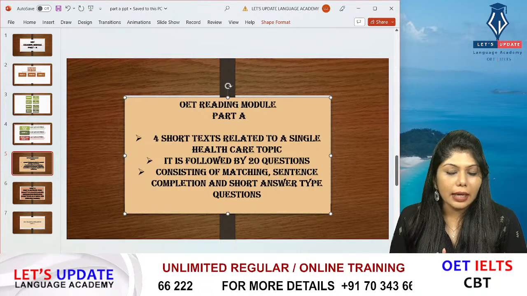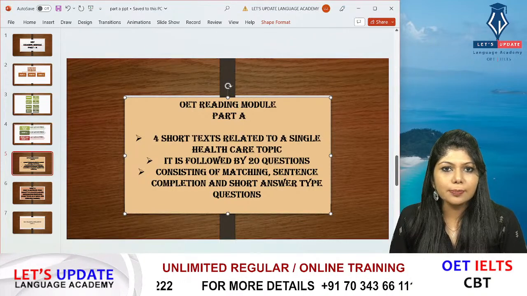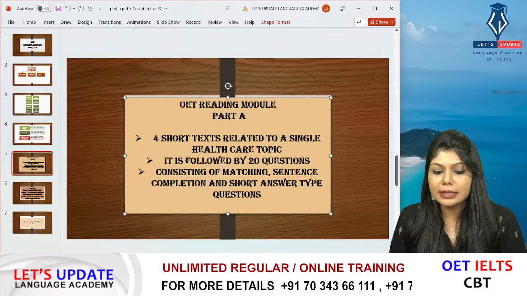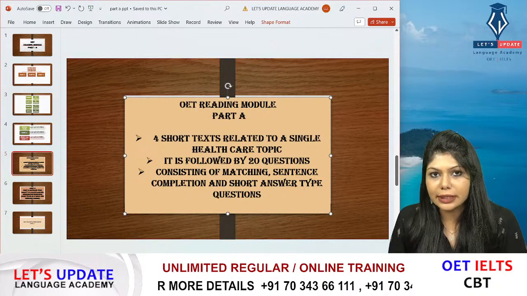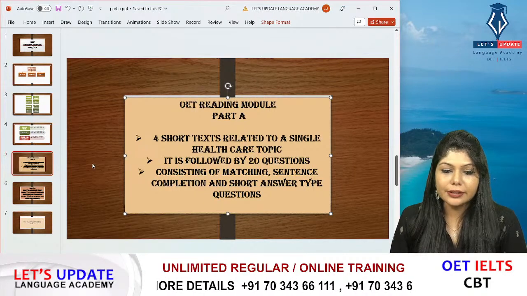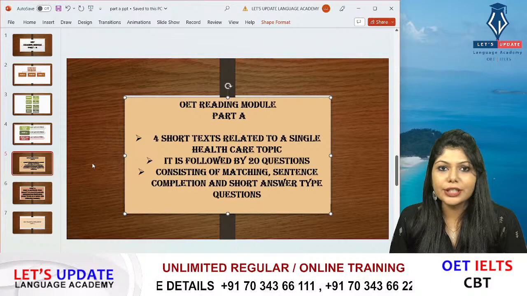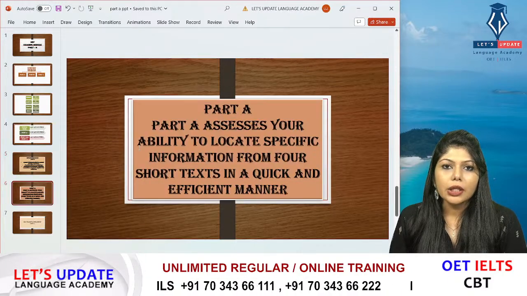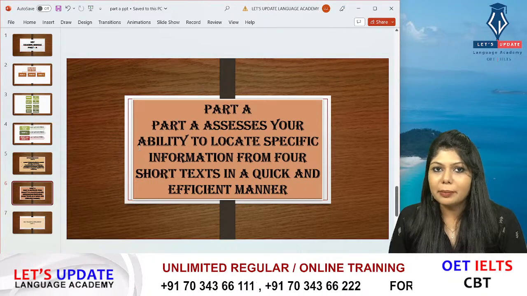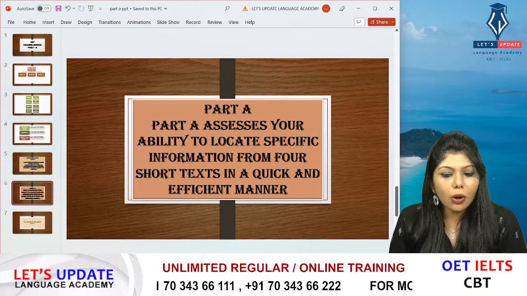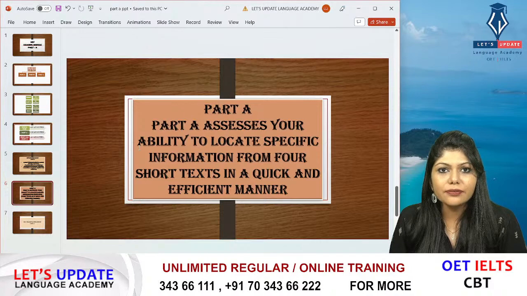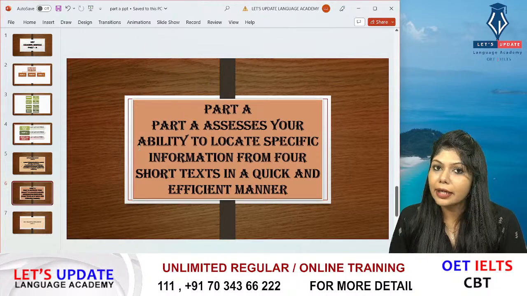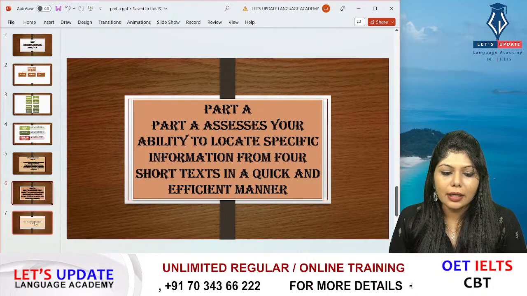The types of questions that you can expect from part A are matching type questions, sentence completion, and short answer type questions. So what does part A basically do? It assesses your ability to locate specific information from the short texts in a quick and efficient way.